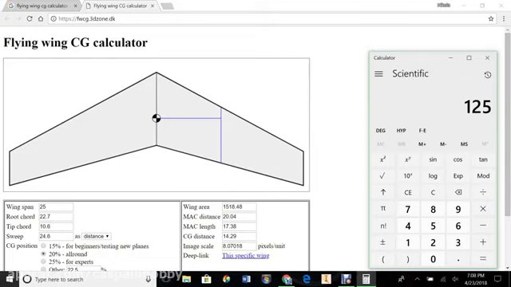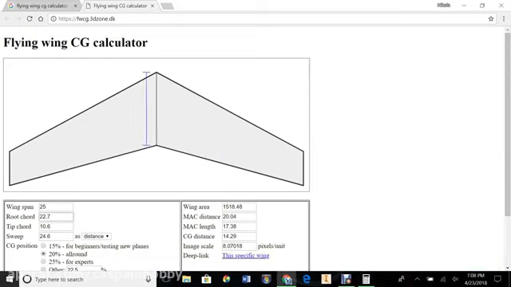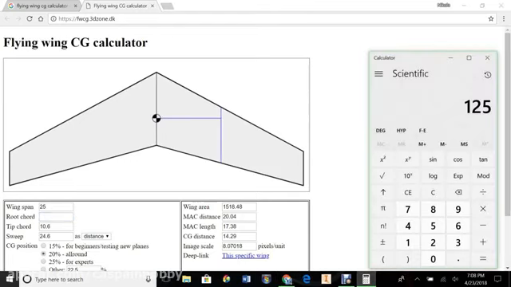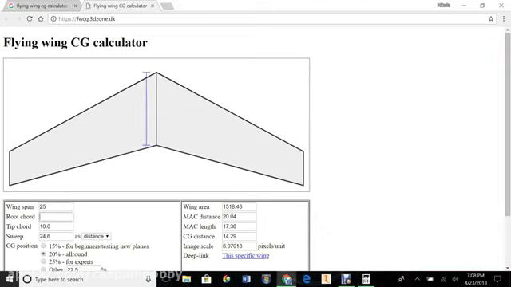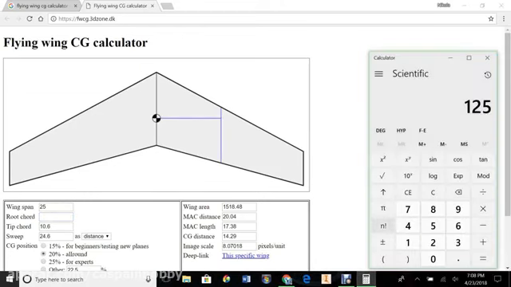So right here I have 125%, and all we need to do to find the other lengths is multiply the original distance. So for the root chord, I had 6.5 inches. So all I'm going to do is 6.5 multiplied by 1.25.